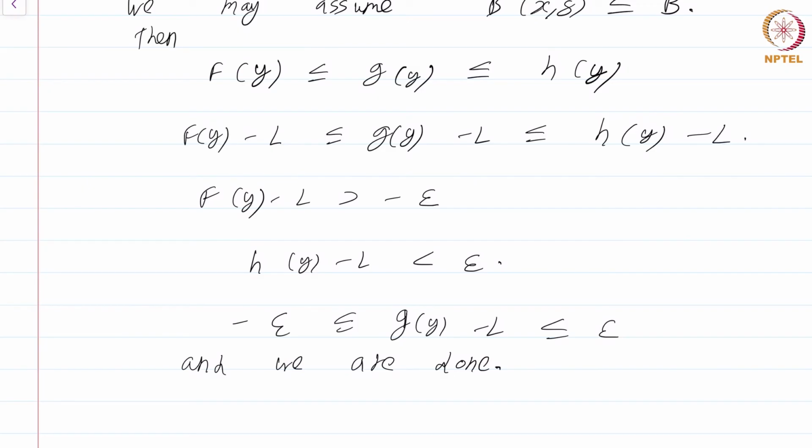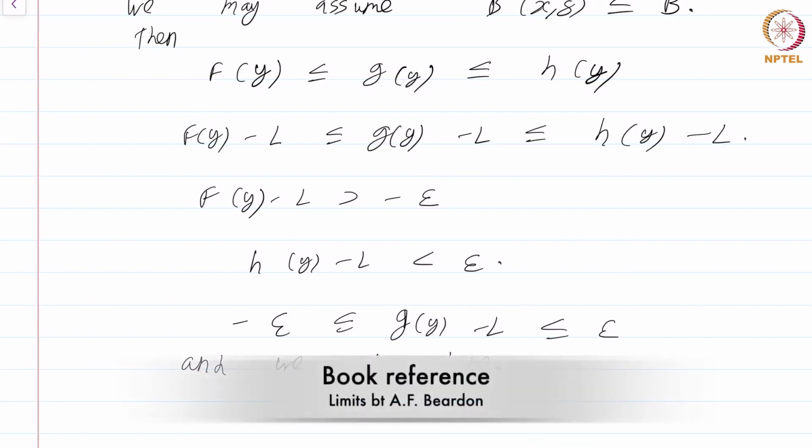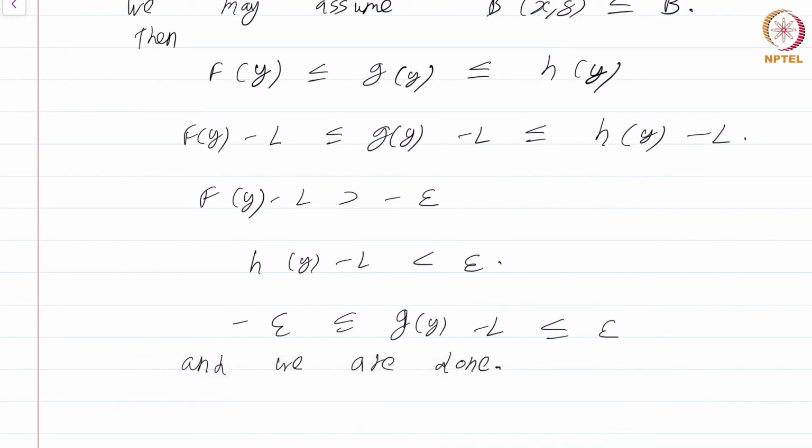You have various notions of convergence and similar theorems for all of them, and you're wondering why we are not unifying all of them. They can be unified. You can give a general notion of limit using some abstract machinery. This has been done by the mathematician A.F. Bearden. Just Google A.F. Bearden limits and you will find this. This is just extraneous; if you are interested, you can pursue it. Okay, coming back to more pressing issues.